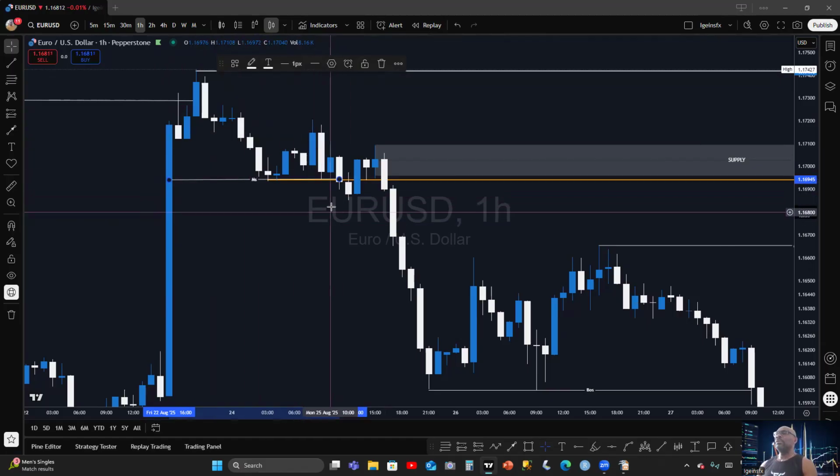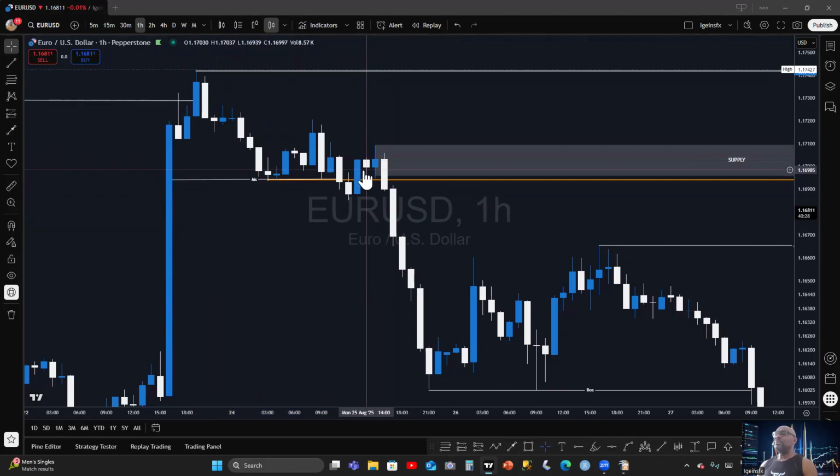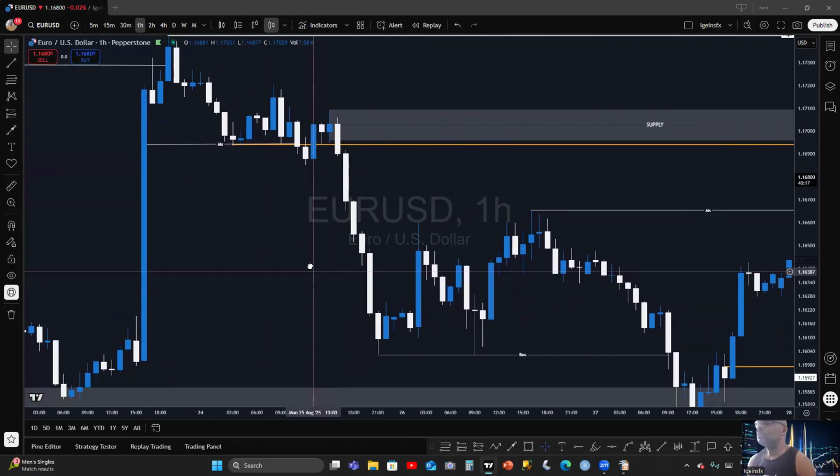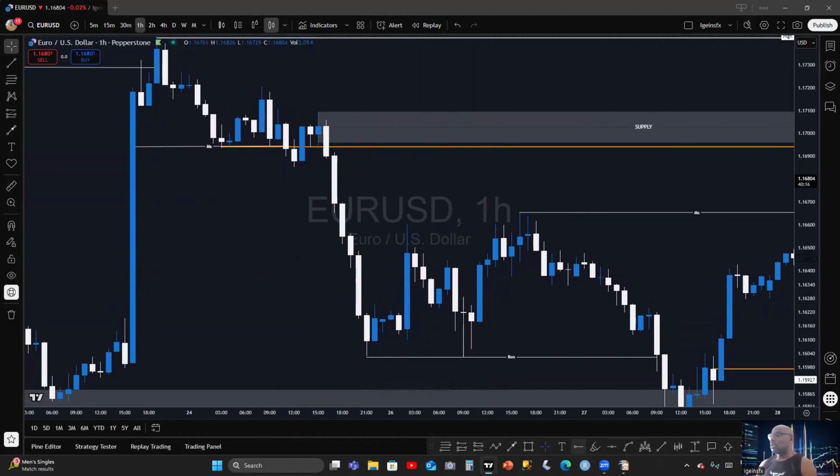Then what now happened? It now pushed to the upside. Look at it. Candlestick here, this long one, this is a doji candle. This shows us that this very one is what we call an evening star formation.